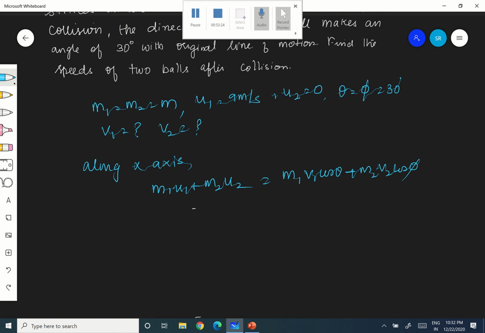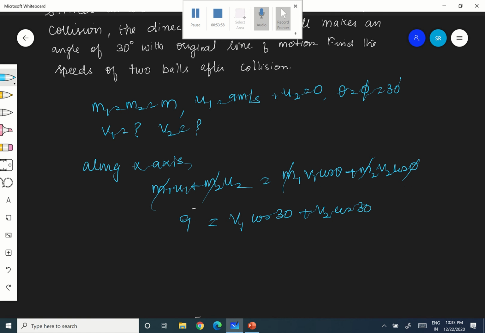Here M is the same because M1 is equal to M2 is equal to M, therefore everything will go. U1 is 9, therefore here you will be getting 9 plus U2 is equal to 0. Therefore 9 is equal to V1 into cos 30 plus V2 into cos 30, where V1 and V2 you have to find out.